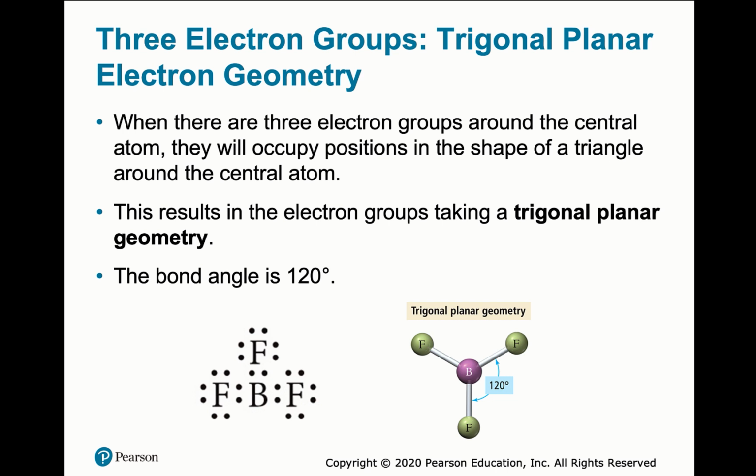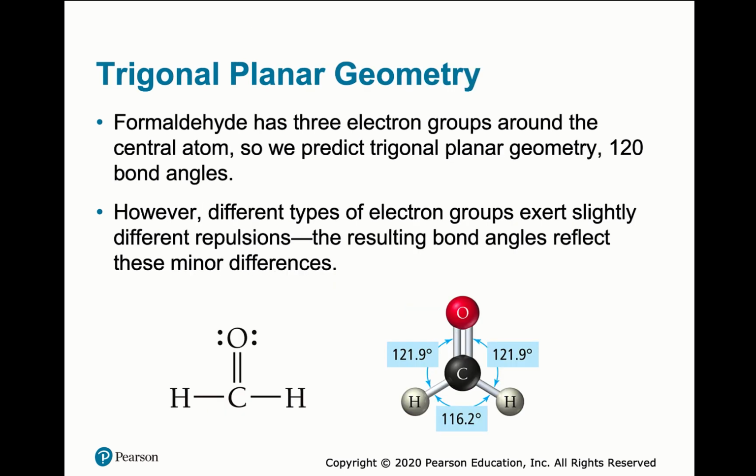Like I said, these are all coplanar, and by definition, three points define a plane. That's just a fundamental postulate of geometry. And the central atom is coplanar with the three groups as well.